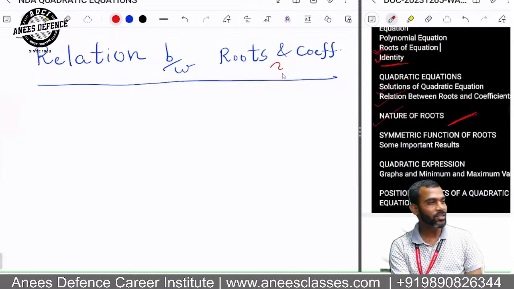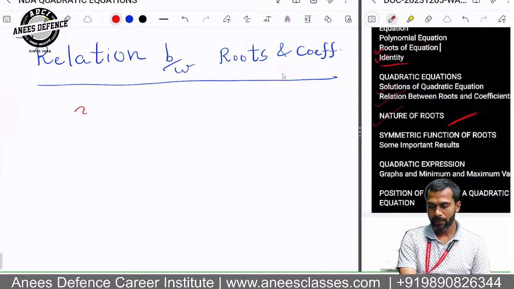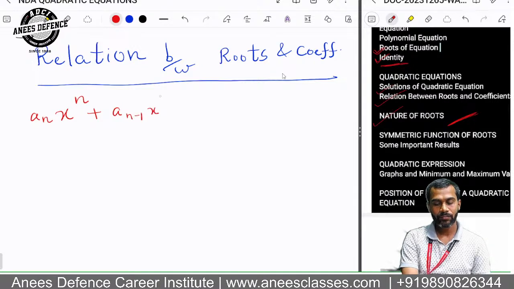So relation between roots and coefficients. See, suppose our equation is a n x raised to n plus a n minus 1 x raised to n minus 1 plus a n minus 2 x raised to n minus 2, and so on till a naught, is equal to 0.